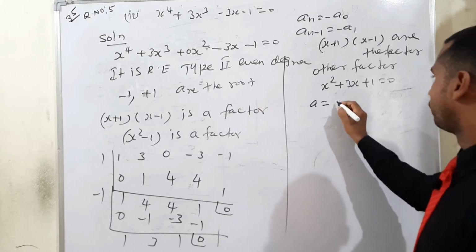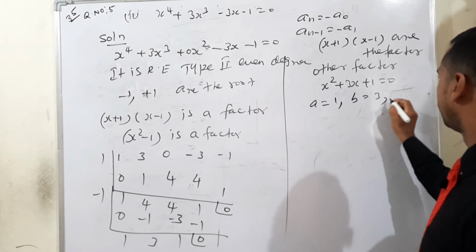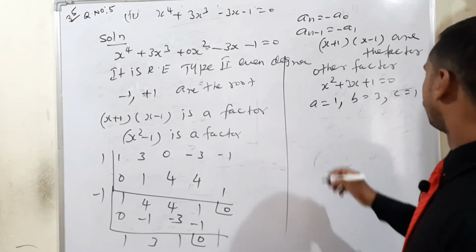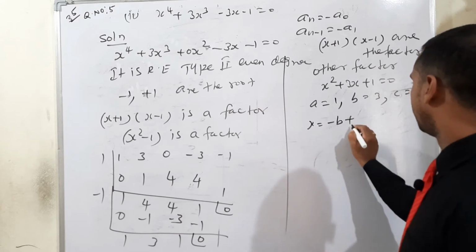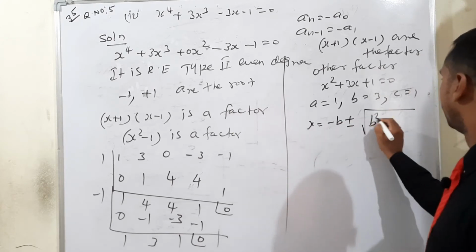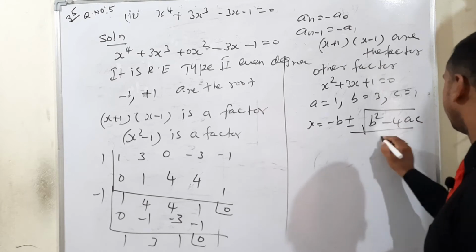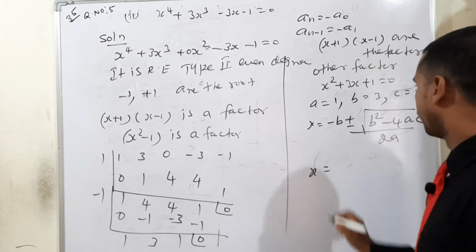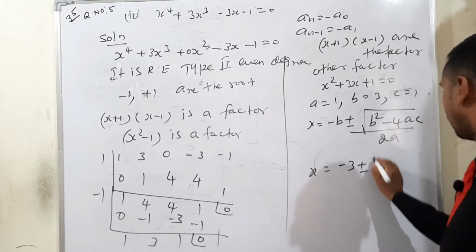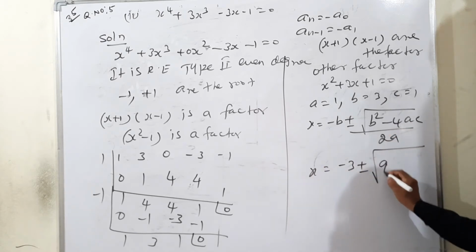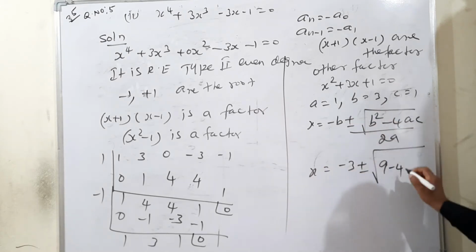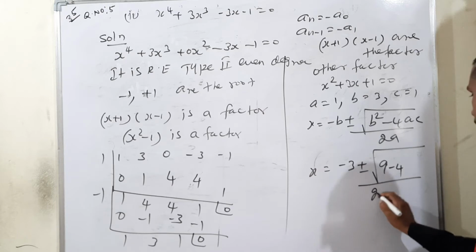The basic quadratic form: a is equal to 1, b is equal to positive 3, c is equal to 1. Therefore, x is equal to minus b plus or minus square root of b square minus 4ac divided by 2a. So x is equal to minus 3 plus or minus square root of b square, which is positive 9, minus 4 into 1, so only 5 will come, divided by 2 into 1.